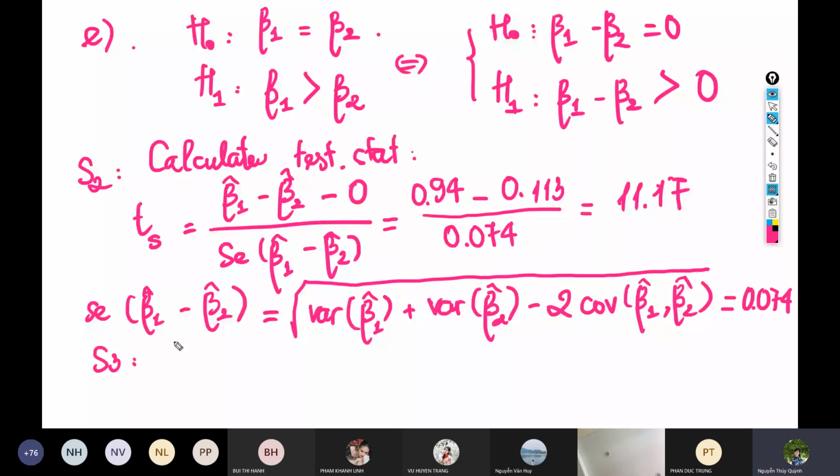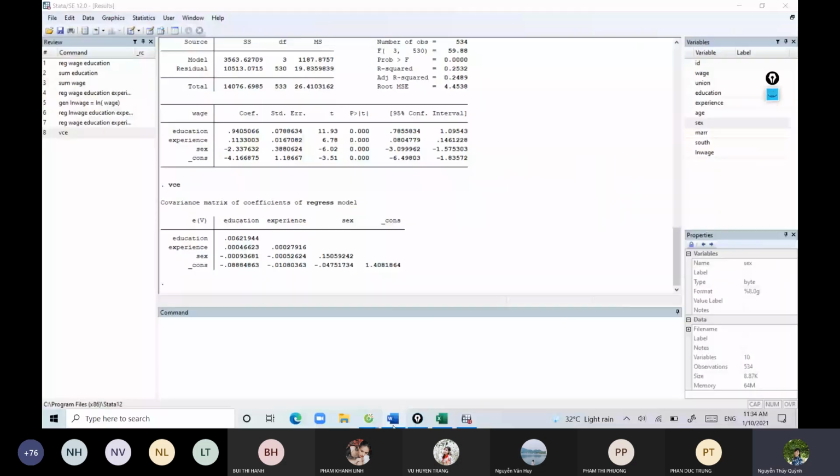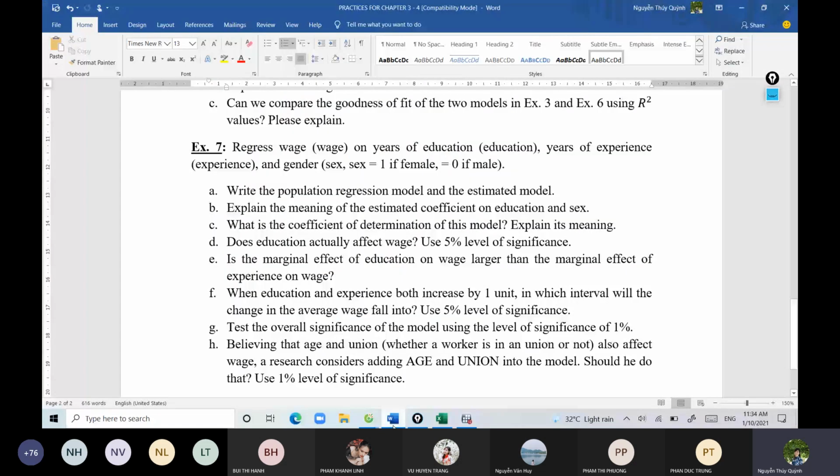This one is one-sided, with the larger sign in the alternative hypothesis, so we will need t alpha. What level of significance do we use here? 5%. Okay, let's use the 5% level of significance.